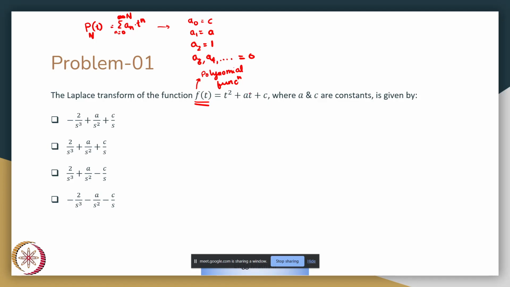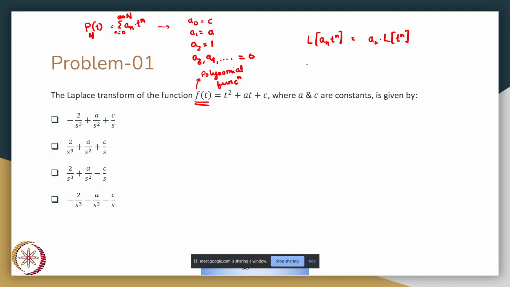Now, if I were to look at Laplace transform of a_n t raised to n, it's nothing but a_n times Laplace transform of t raised to n. This is because the Laplace transform is, as you know, linear.